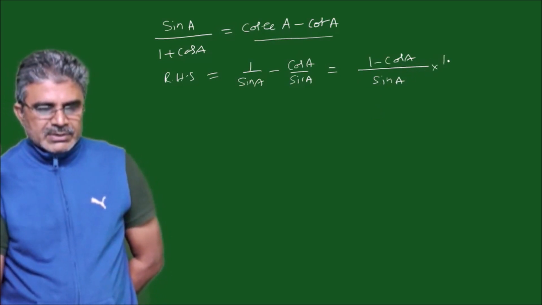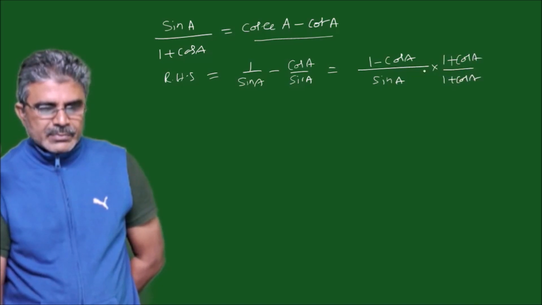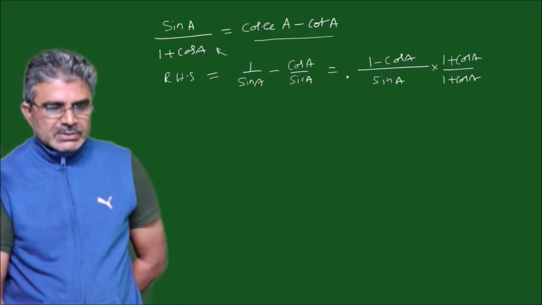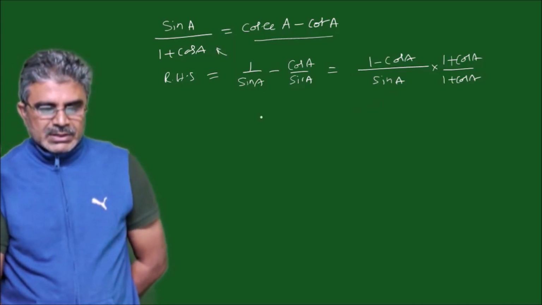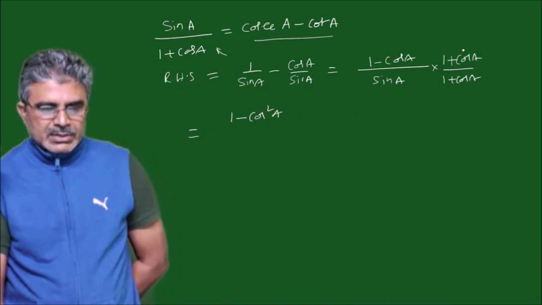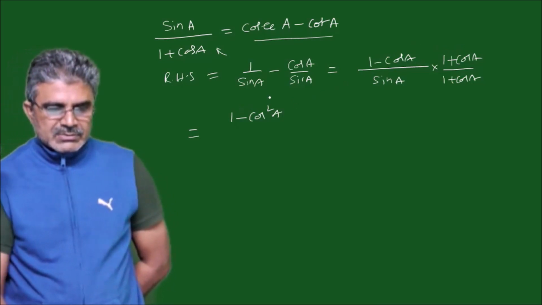So first of all, multiply with 1 plus cos A divided by 1 plus cos A, because the term that we need to prove has 1 plus cos A in the denominator. So I am just taking that, which is equal to, you have 1 minus cos square A, like A minus B into A plus B can be written as A square minus B square.